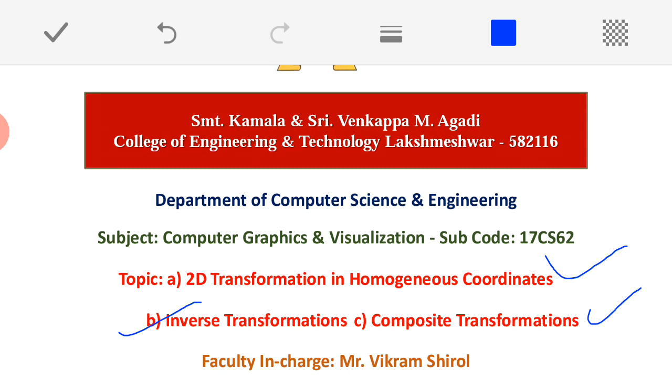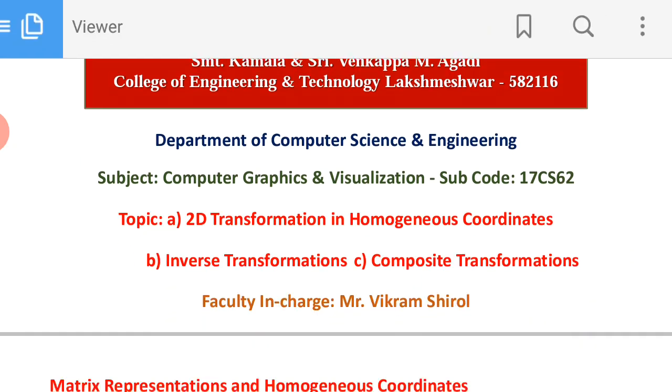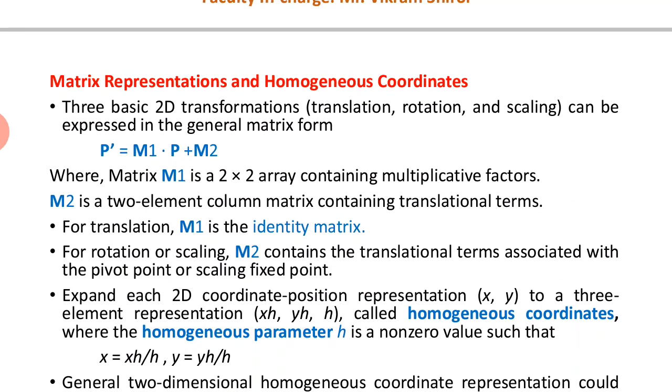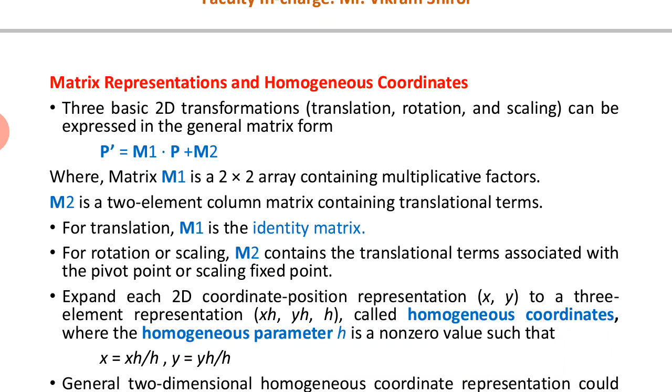As per our previous lecture video, I hope all of you have already gone through that and become familiar with the basics of two-dimensional transformations. The basic types are translation, rotation and scaling.